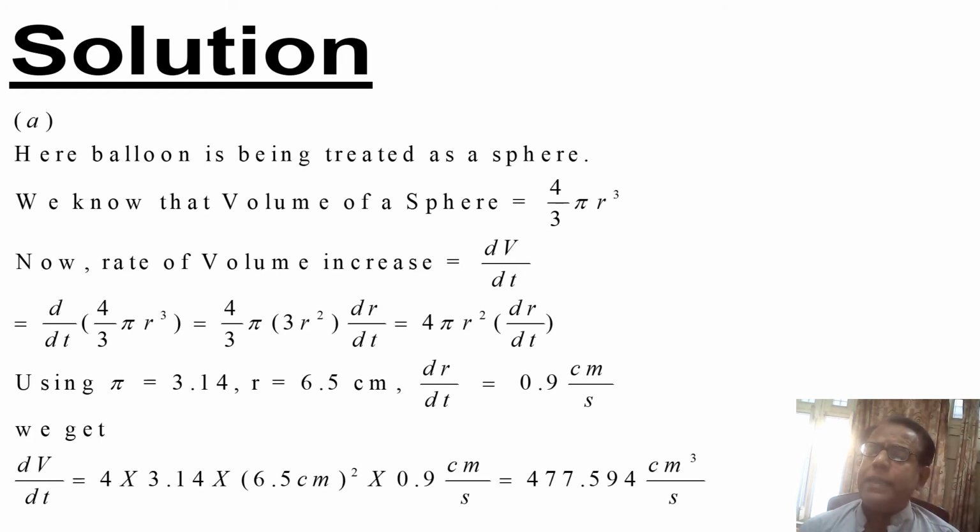Now we will put all these values in the above expression. dV/dt is equal to 4 into 3.14 into (6.5 centimeter) squared into 0.9 centimeter per second, and hence dV/dt becomes equal to 477.594 centimeter cubed per second.